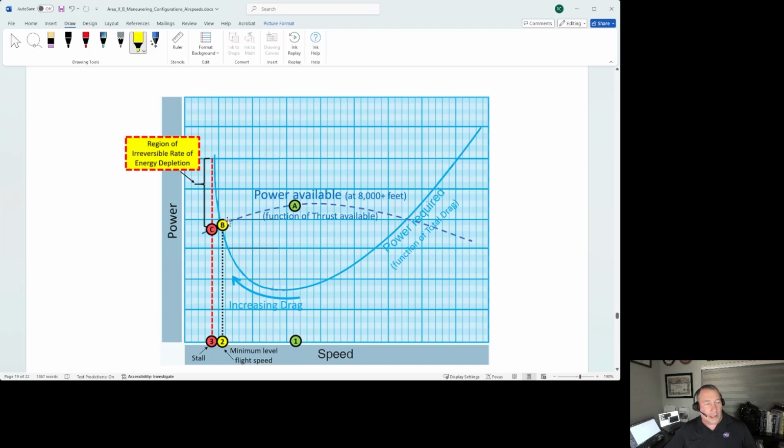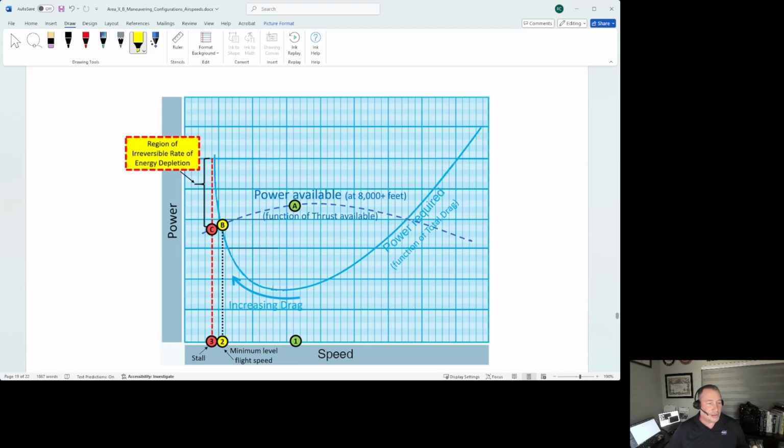Now, here's the good old power available line. It intersects on the right side with the power required, and whatever that number would be would represent the maximum speed that we could fly that airplane. That's when the drag meets the power available and we hit equilibrium at full throttle, for example.